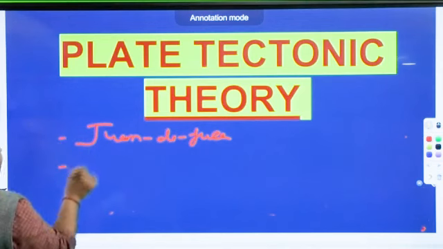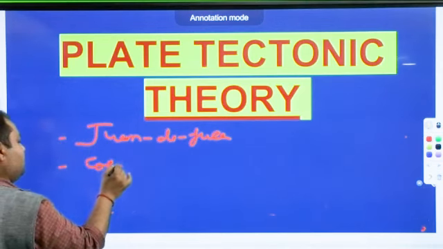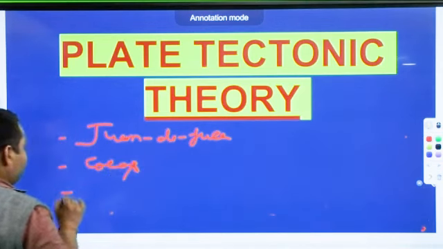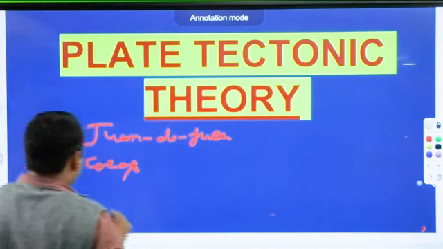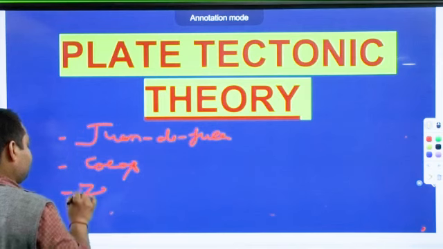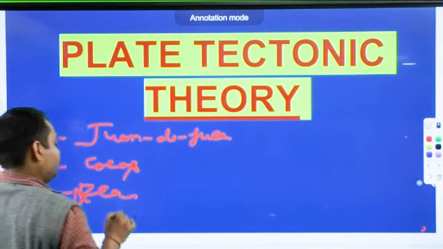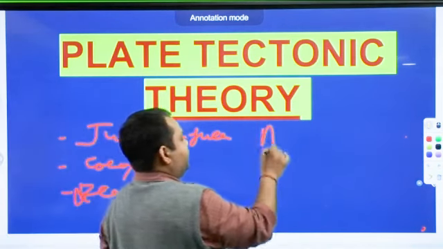The second, Cocos. Third, Nazca. Fourth, the Arabian plate.